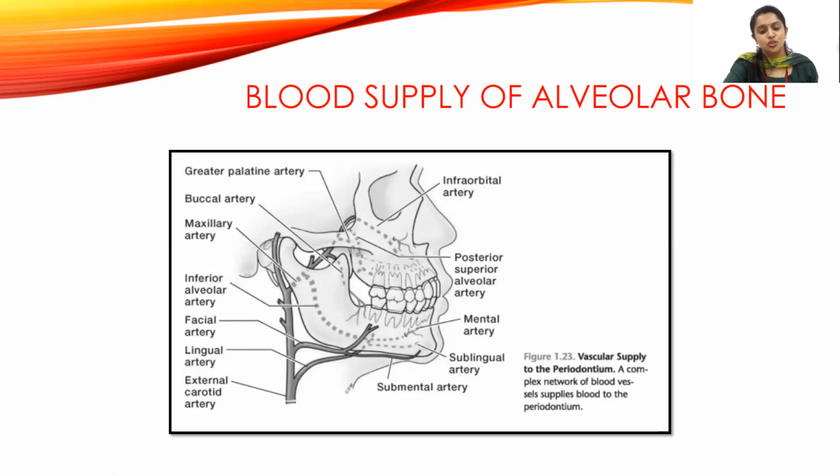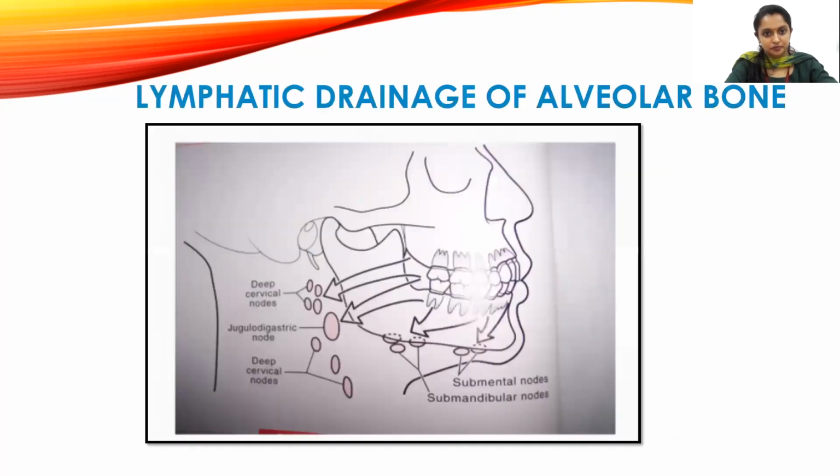Minute vessels are so numerous, vascular channels are there which provide blood supply to the alveolar bone. Here you can identify in the picture that a complex network of blood supplies blood to the periodontium. Lymphatic drainage is mainly to the submandibular lymph nodes.